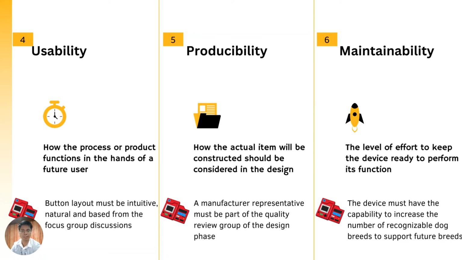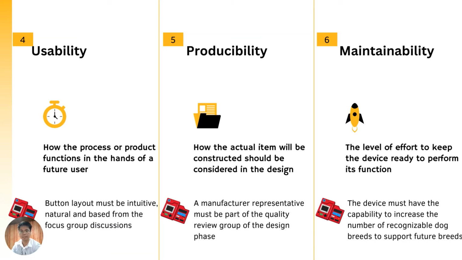For our Dogitex project, for usability, the requirement might state that the button layout must be intuitive, natural, and must be a product from the focus group discussions. For producibility, the project management might want to have a manufacturer representative be part of the quality review group during the design phase, so that inputs on the manufacturing can be provided as part of the design.